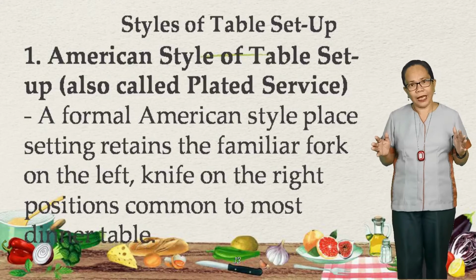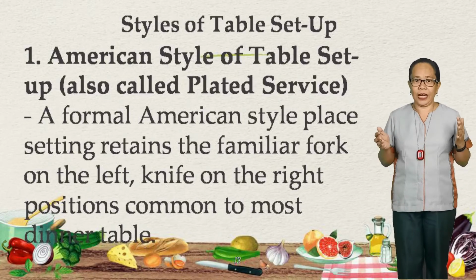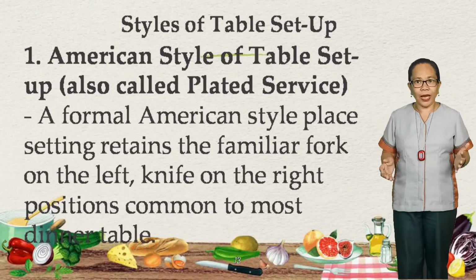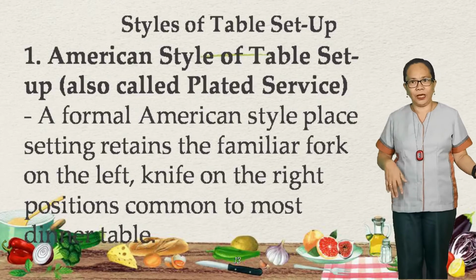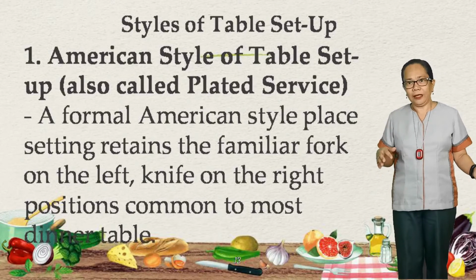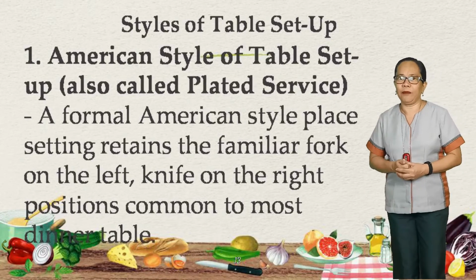So, kapag nakakita kayo ng ganong setup in a particular restaurant or in a particular hotel in which the fork is placed on the left side of the diner and the knife rather is on the right side, that setting is what we call the American style of table setup.